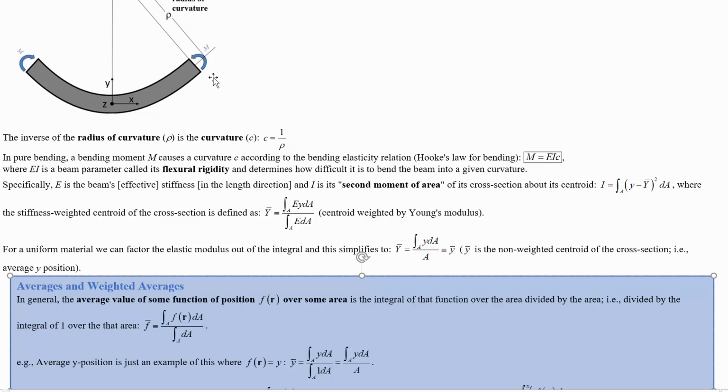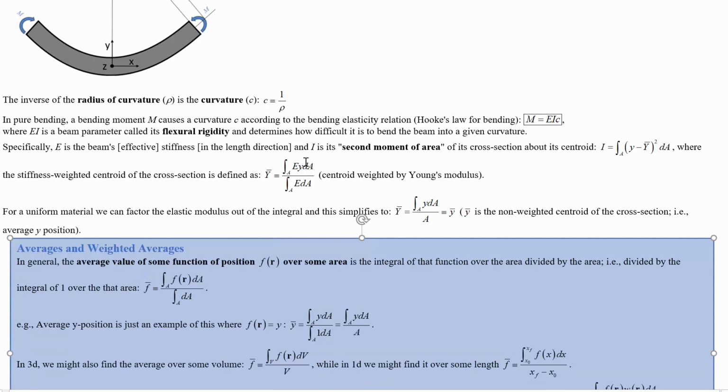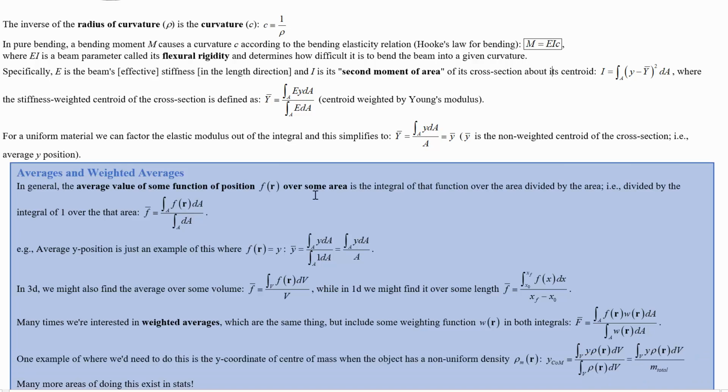It's so much less stiff than the steel, so the steel is just going to say, well, the center is still centered on me. I don't care about that wood being there. So that's why you use the stiffness weighted average position to figure out your centroid that we're going to be bending around in calculating flexural rigidity.